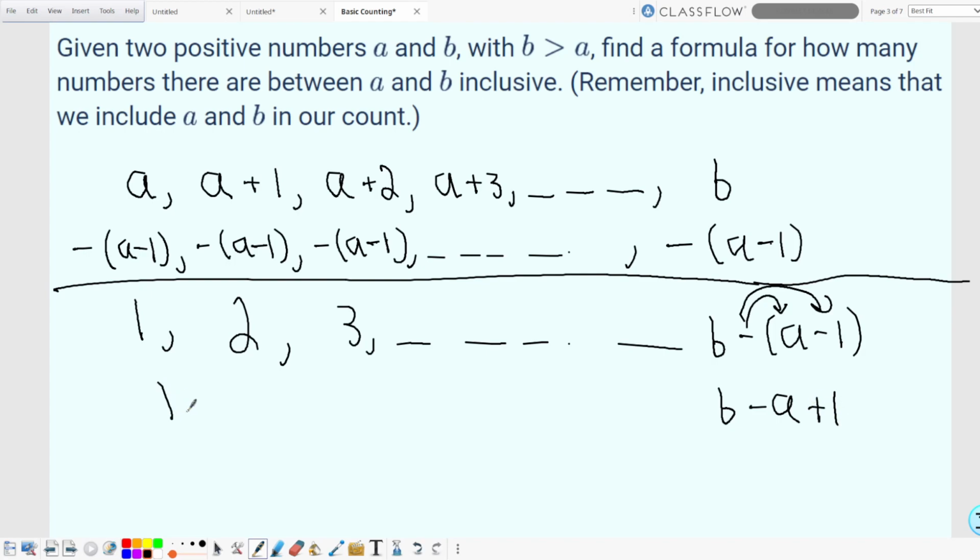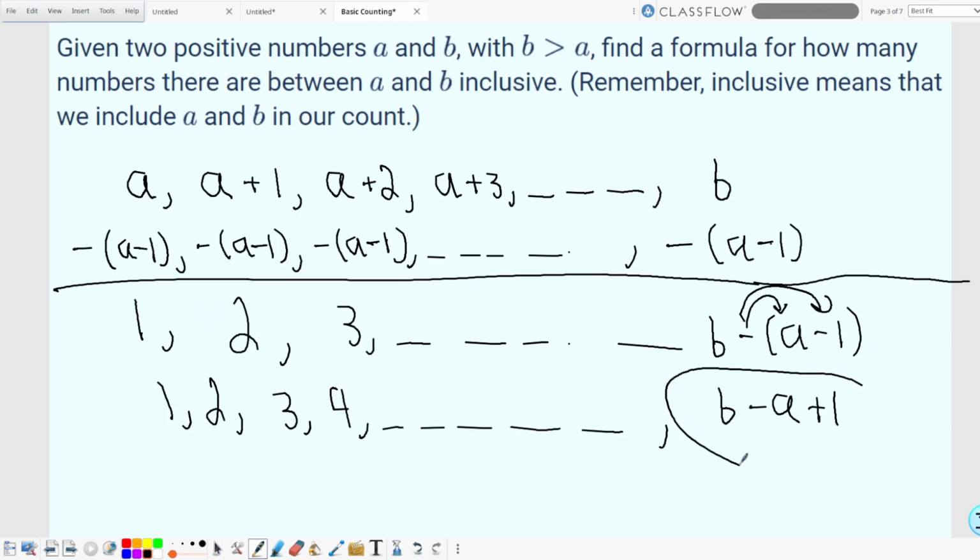So really, this list is going to become the following: 1, 2, 3, 4, etc., all the way up to the value of B minus the value of A plus 1. So that's weird. This formula is a little weird, but this is what works.